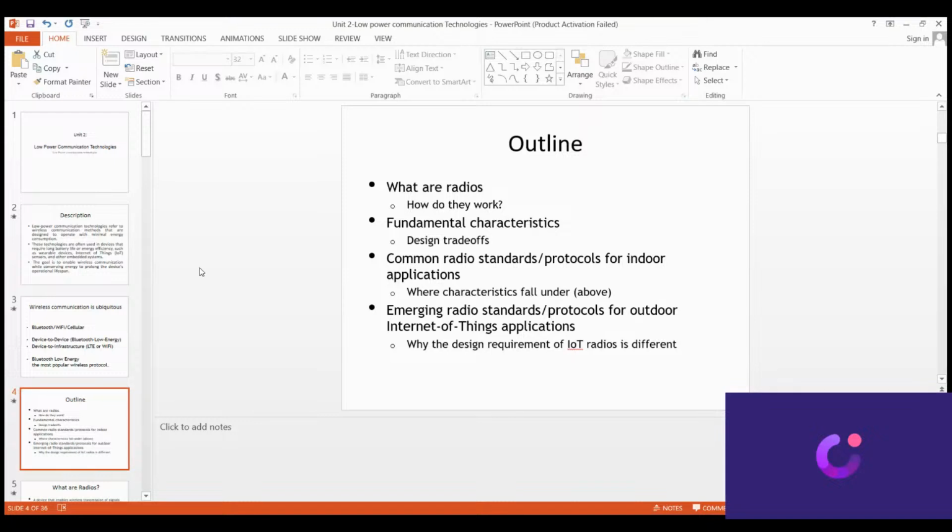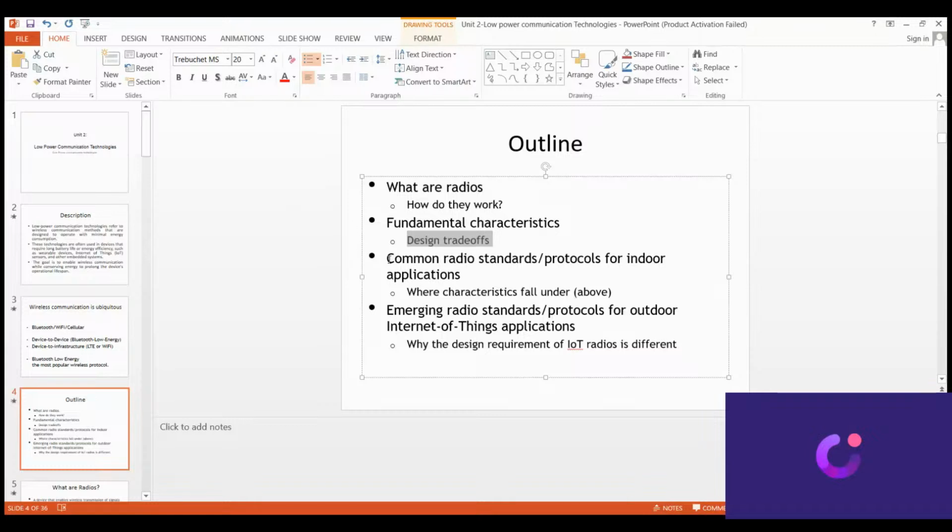Of course, now the outline of what we are looking at is that we look at the radio, and try to understand how the radio works. Then we'll look at the fundamental characteristics, focusing on the design trade-offs of these wireless communication devices.